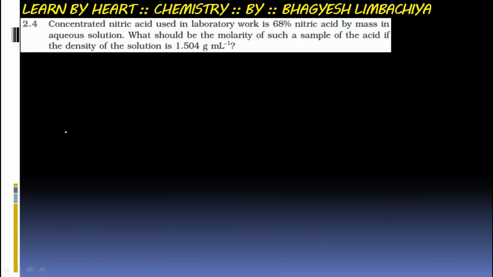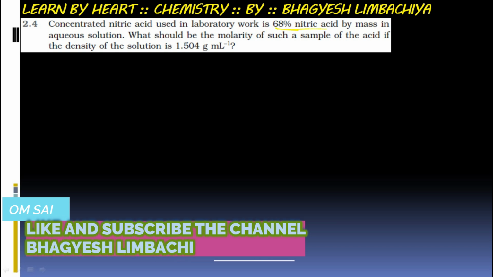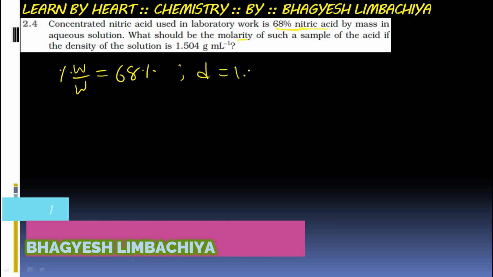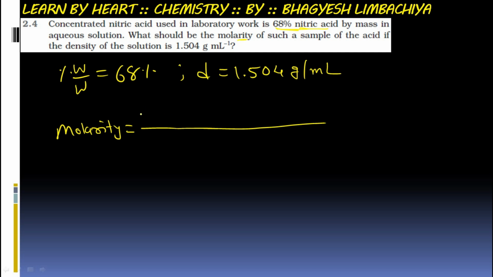Next question is: concentrated nitric acid used in laboratory work is 68% by mass in the aqueous solution. What should be the molarity? You are given percentage W by W, that is 68%, and density, which is 1.504 gram per ml. We can calculate molarity using the relation between percentage W by W, density and molarity.